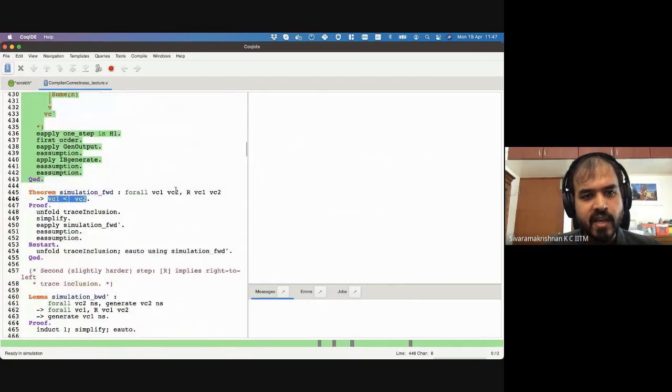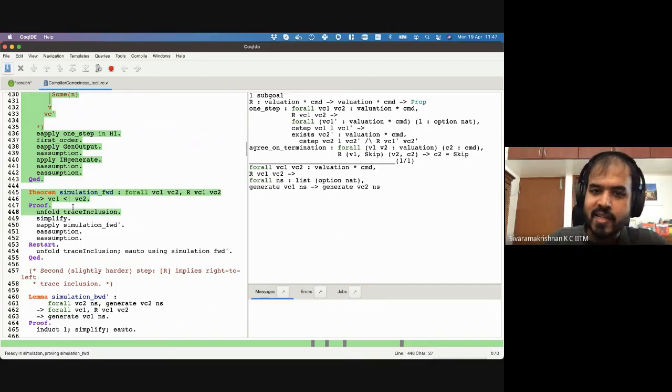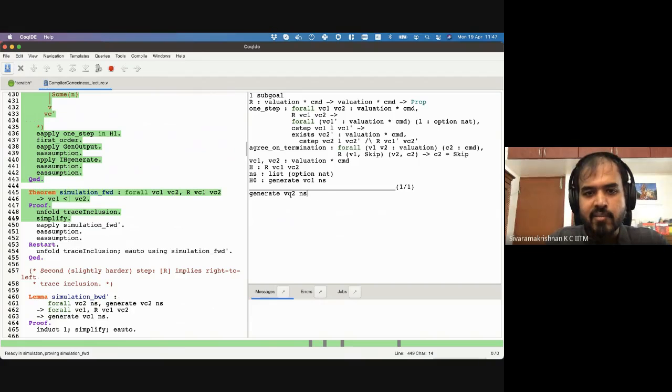So I'm just going to say, if VC1 is related to VC2 by the simulation relation R, then all the traces that are generated by VC1 are included in VC2, right? So trace inclusion is defined exactly the same way. The proof is really simple. So you simplify it. This directly flows from the lemma that we just proved.